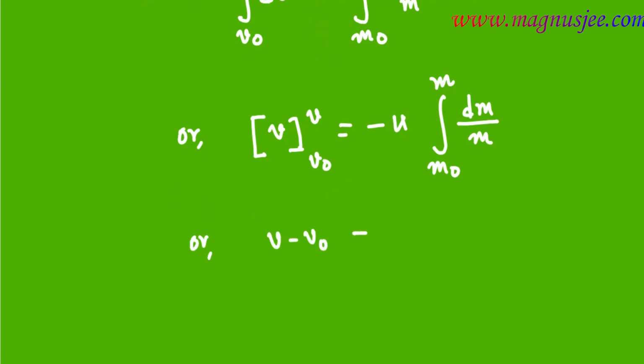or v minus v0 equal minus u log base e m, from m0 to m.